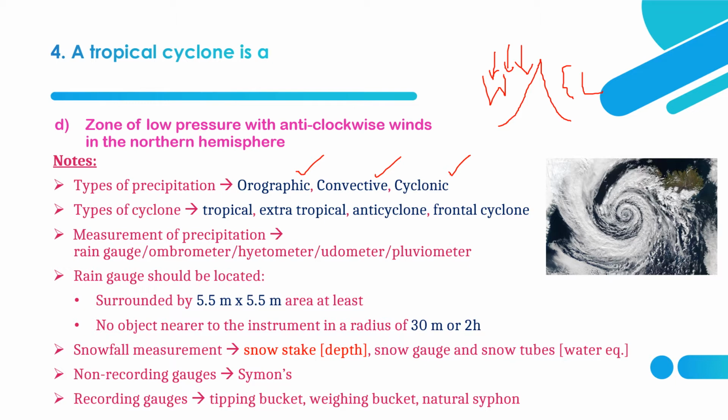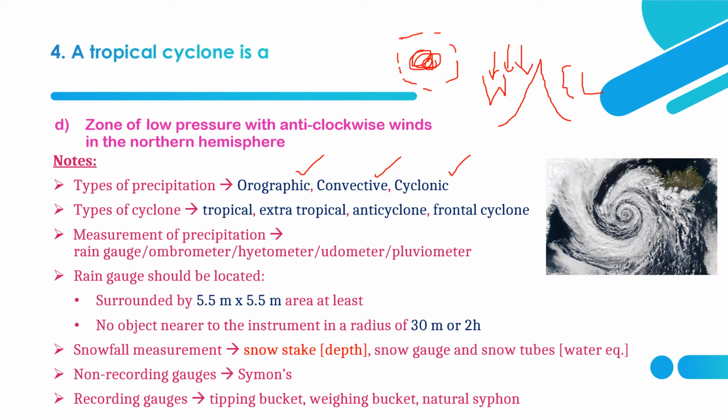This type of precipitation is called orographic precipitation, and in India most precipitation occurs due to orographic precipitation. The next one is convective precipitation. It is caused when a pocket of air is warmer than the surrounding air.